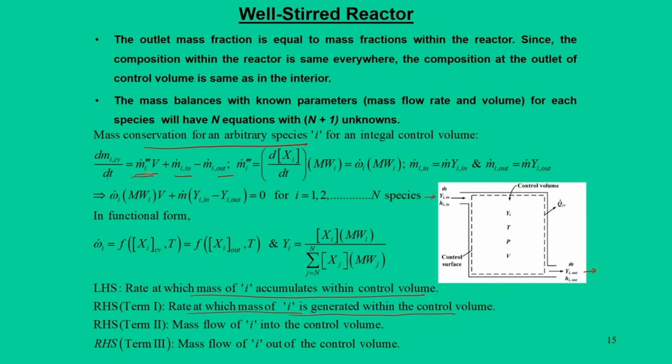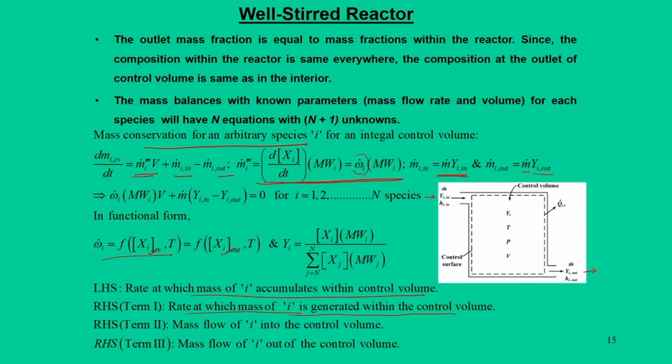Now, this first term, m dot i triple dash, can be correlated in terms of the molecular weight and the rate of change of concentration of species, omega dot i. This can be written in functional form for the inlet as well as the outlet. And m dot i we can find from the total mass flow rate times the mass fraction, y i out.